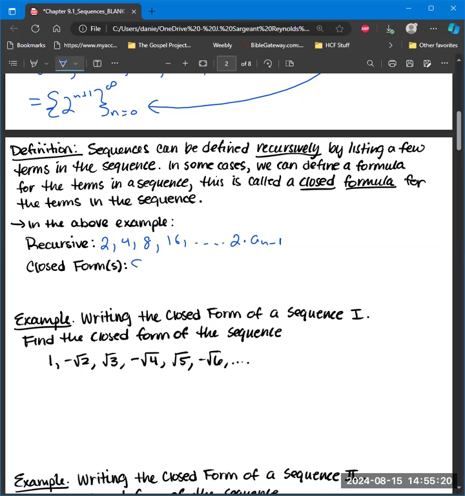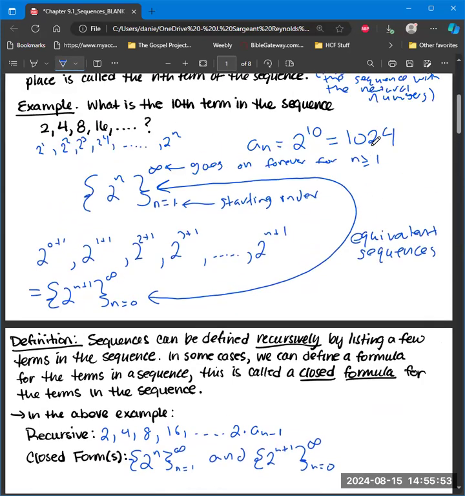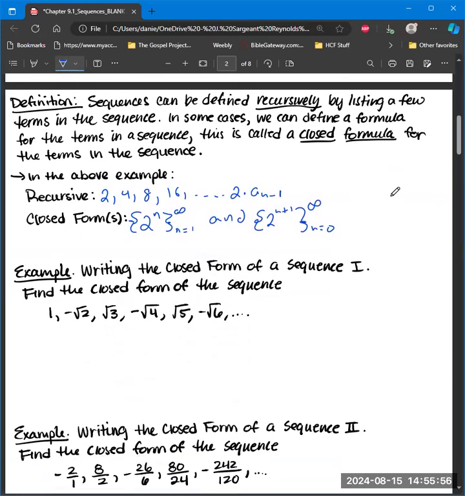Whereas our closed form was, I recognized that that was 2 to the n, and I could stick in any value of n that I wanted to, or 2 to the n plus 1, and I could stick in any value in this closed formula. But if I only saw it as starting off with 2 and then multiplying by 2 over and over, and I had to do that a whole bunch of times to get to the 10th term of 1024, that would have been quite the headache.